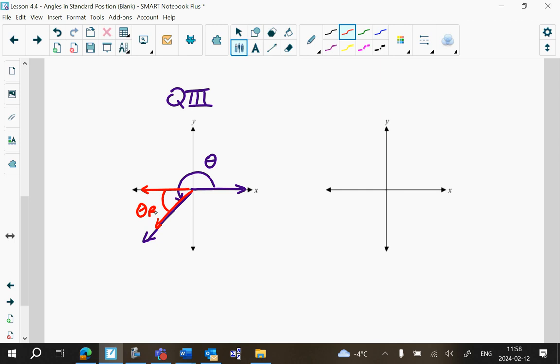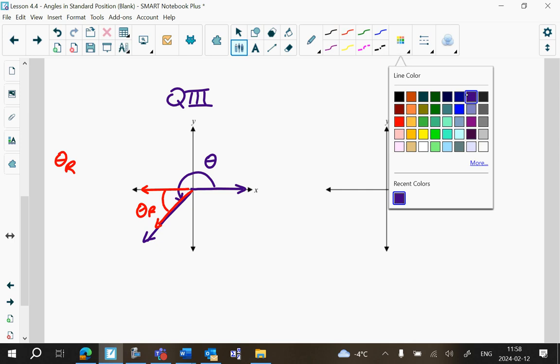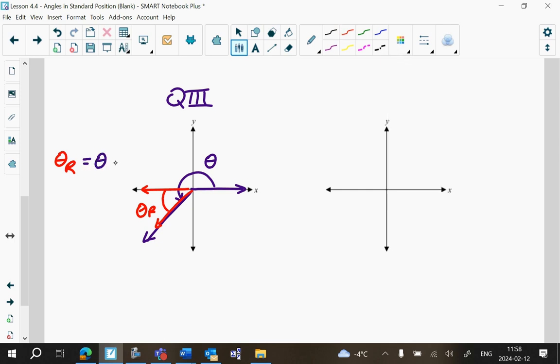Okay? So to find the reference angle in quadrant 3, we have to take the actual angle and take 180 degrees away. It doesn't quite work the same the other way around. What if I told you the reference angle was 15?